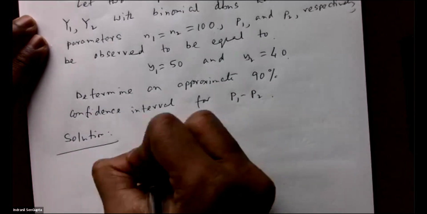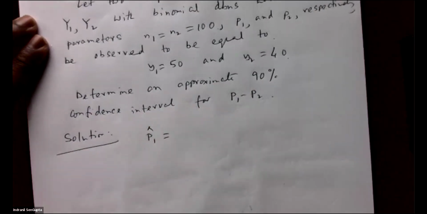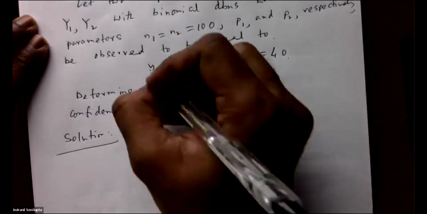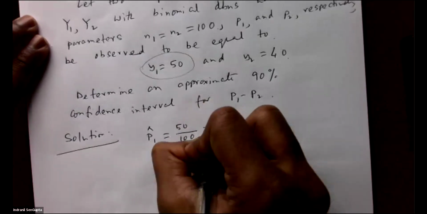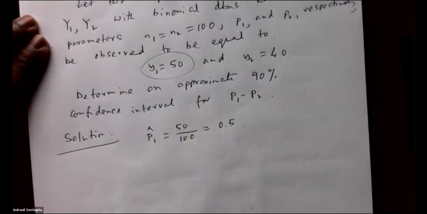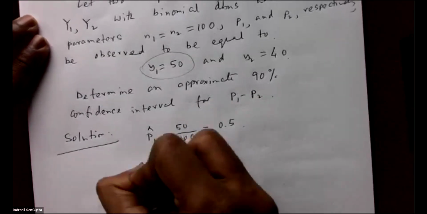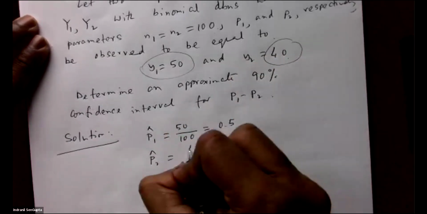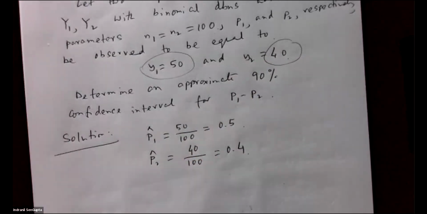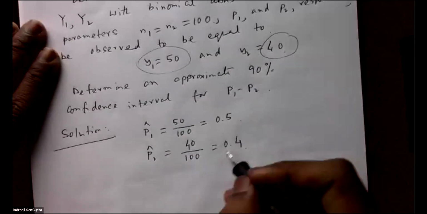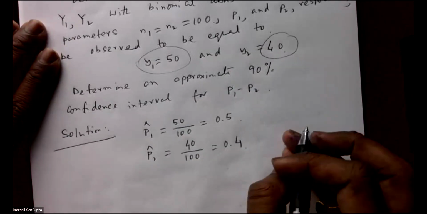So what is the estimator p1 hat? Well, the Y1 value is 50 and there are 100 trials. So it's 50 over 100, that is 0.5, right? What is an estimator for p2? There are 40 over 100, so it's 0.4. So these are the estimators for the proportion of success, right?